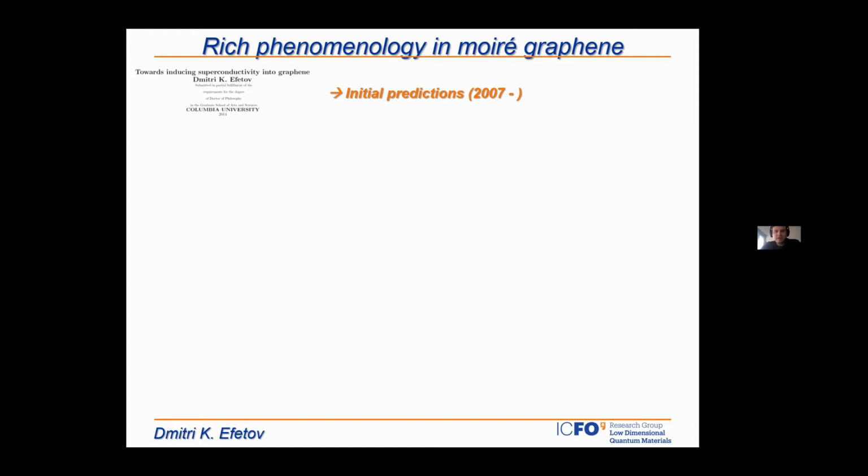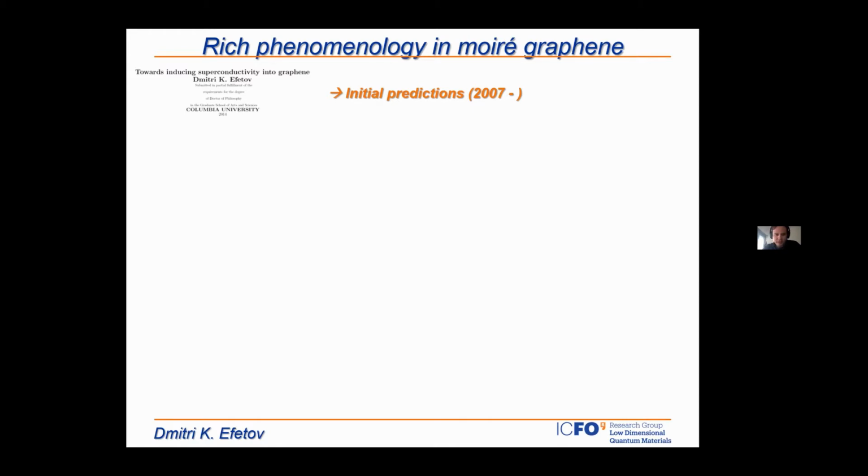However, back then, around 2007, there were already a lot of initial predictions on how to make graphene interacting, how to make graphene superconducting, for example. And in Philip's group, I spent a considerable amount of time on this avenue. However, many of these approaches didn't work for normal graphene.